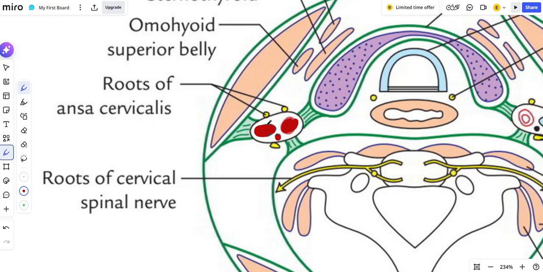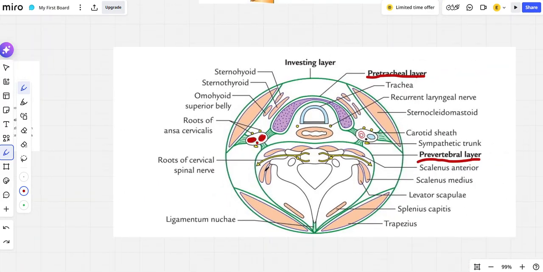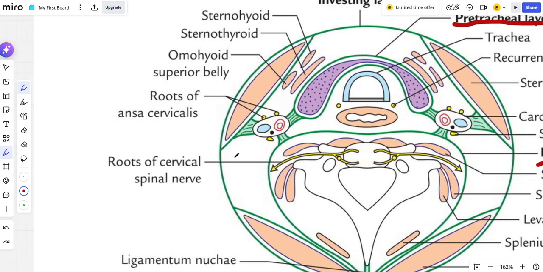It also contains some deep cervical lymph nodes. I know for some reason it's not doing undo, I don't know what's wrong with it. Okay, finally done. Some deep cervical lymph nodes are also present here, and you can see the carotid sympathetic plexus is very close. The sympathetic chain is just outside, posteriorly on the carotid sheath.